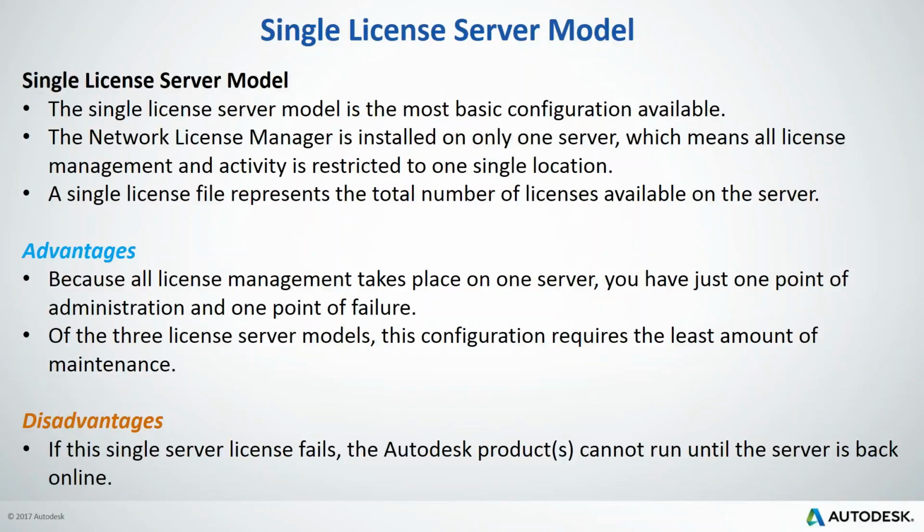The advantage is that because license management takes place on one server, you have just one point of administration, which means only one point of failure. Out of the 3 license server models, this configuration requires the least amount of maintenance. The disadvantage, of course, is that if this single license server fails, the Autodesk product cannot run until the server is back online.